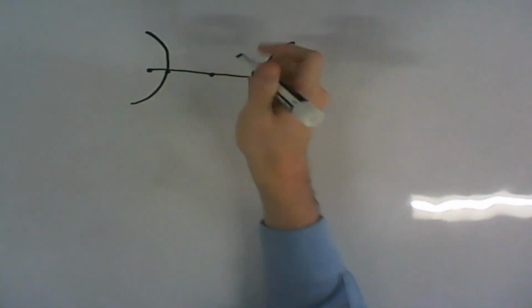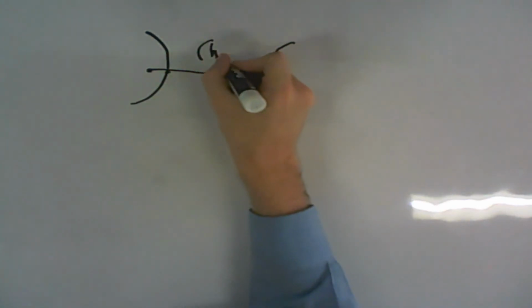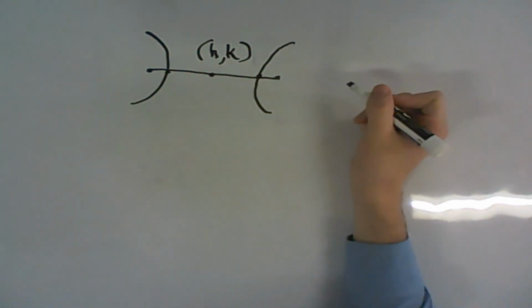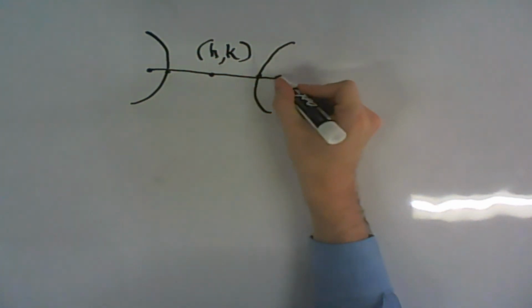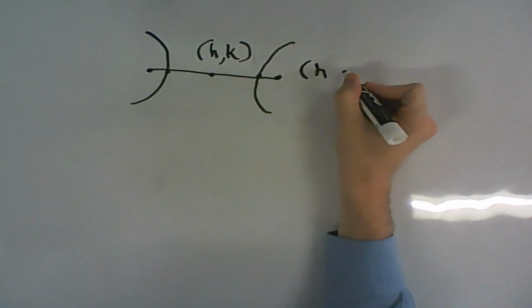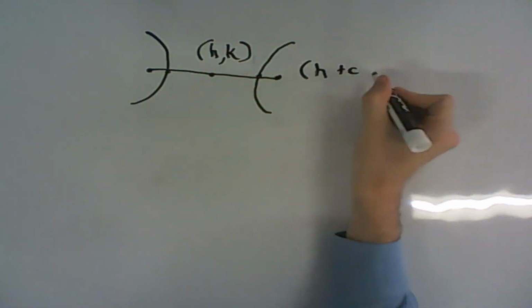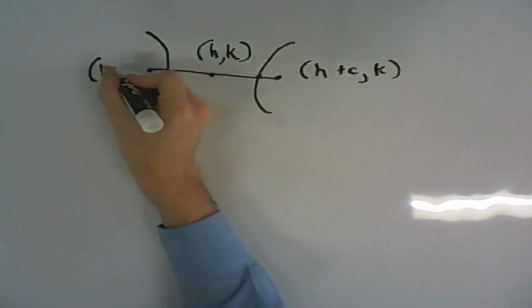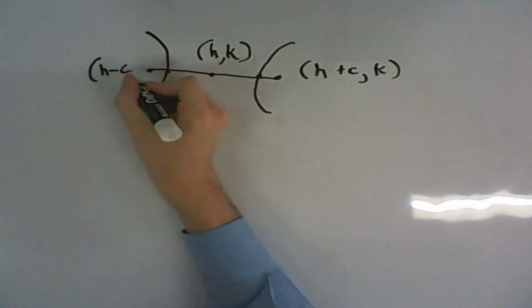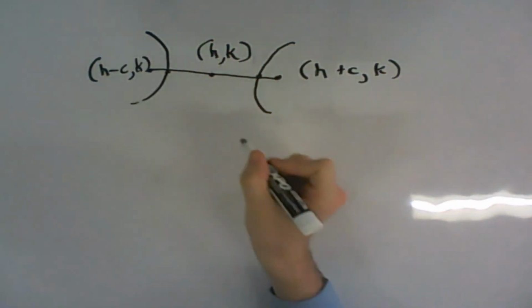I'll write it a little bit bigger. This is H, comma, K. Okay. And this point is our focus. Its formula is H plus C, comma, K. This point is H minus C, comma, K. Okay?